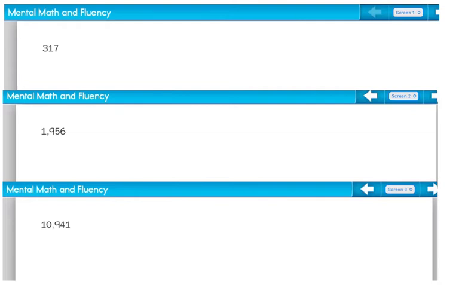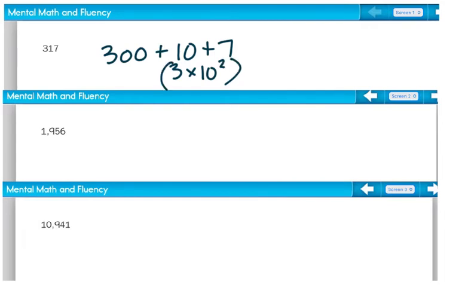317 can be written as 300 plus 10 plus 7, or it could be written as 3 times 10 to the second power plus 1 times 10 to the first power plus 7 times 10 to the 0 power.